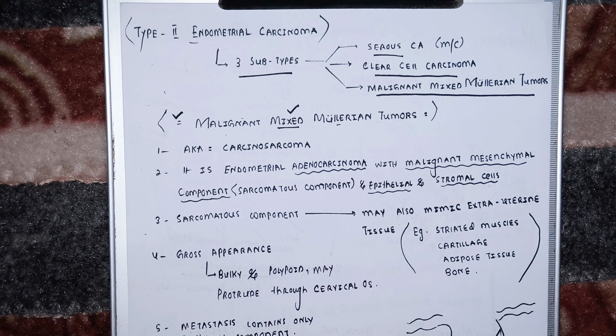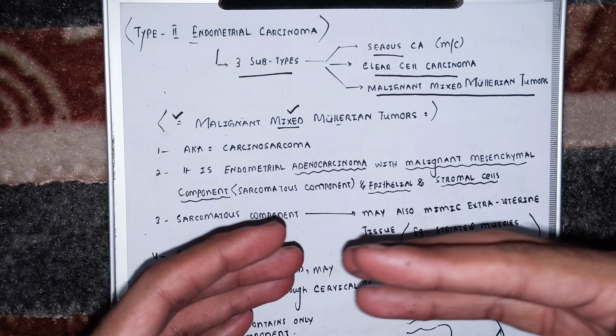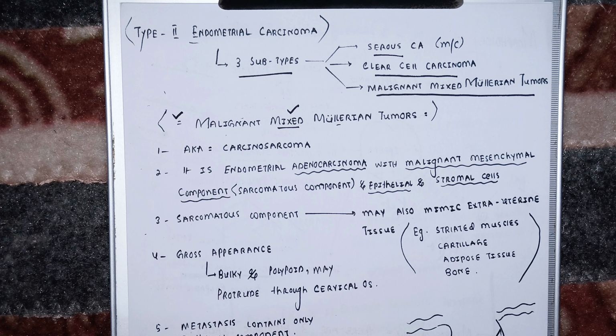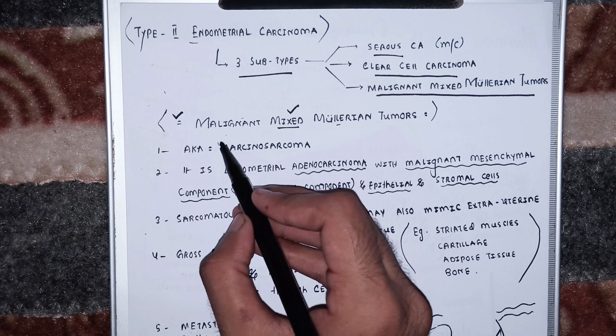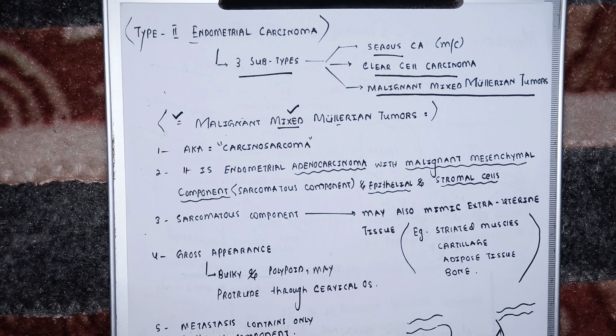Like this tumor contains epithelial component, stromal component, glandular component, and some sarcomatous component, that is the mesenchymal component. तो ये ज़्यादा components का mix होना एक ही ट्यूमर के अंदर, this is why we call it mixed Mullerian tumor. Okay, and it is also known as carcinosarcoma.